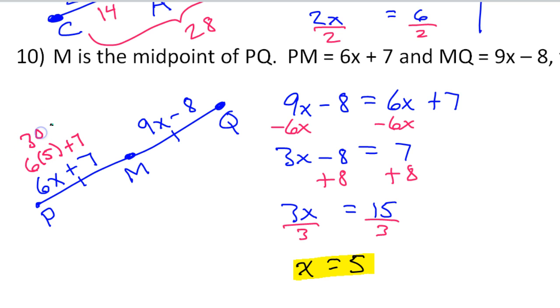So that's 30 plus 7. So this is 37. That means this over here must also be 37. So PQ is the total of this. So that's 74.